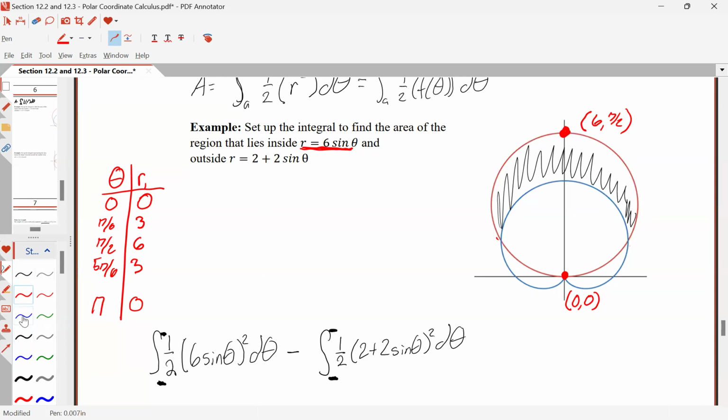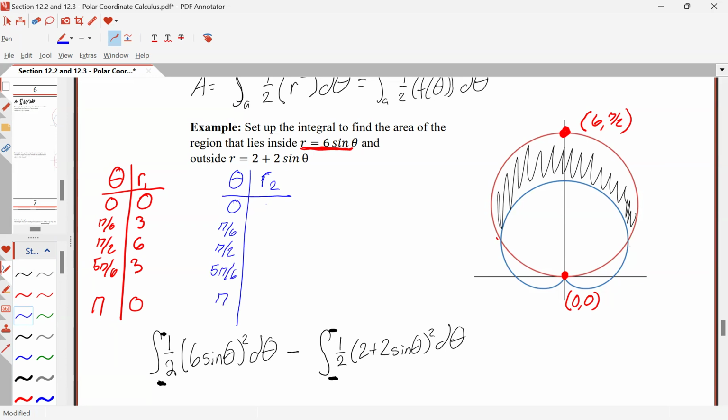Plotting some points on the blue circle, or cardioid. I'm going to pick those same values because they're the same ones that make sine 0, 1/2, or 1. So 0, pi over 6, pi over 2, 5 pi over 6, and pi.